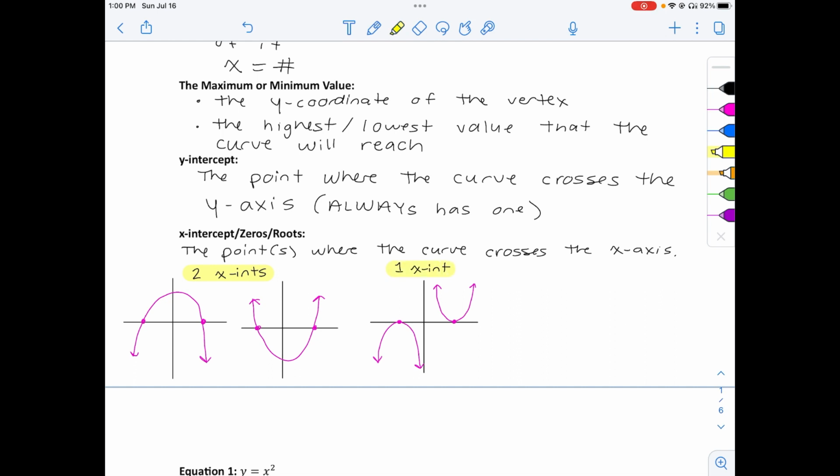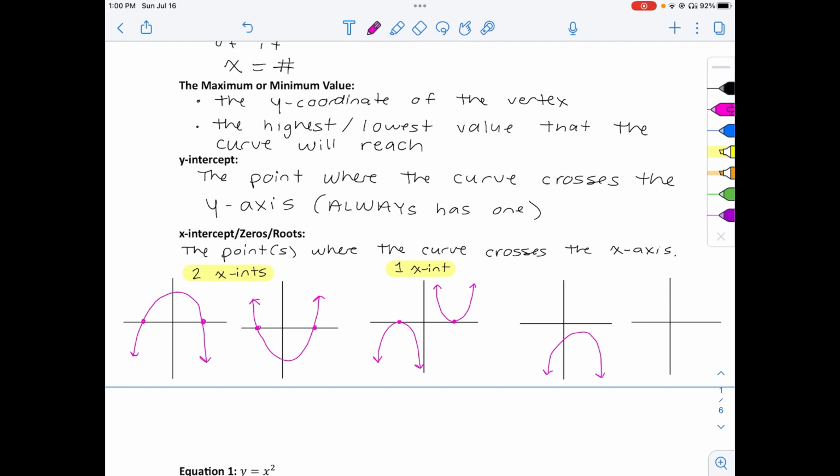And we can also have a third case. If you think about what the parabola looks like, you can maybe guess what this is going to be. This would be if we have no x-intercepts. There are two ways that this could happen. The first way is if your curve is opening down and the vertex is below the x-axis, like this.